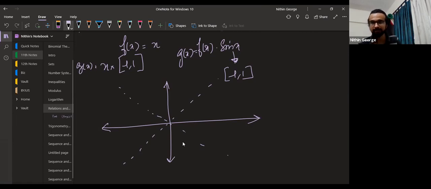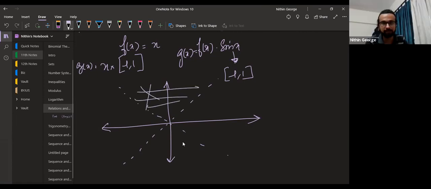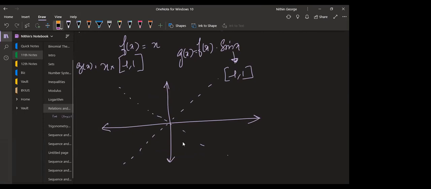Can it be greater than x? No, sir. No. So basically, my graph cannot come in these parts, these regions. Okay, got that? It cannot come in this region also, because it can't cross x or it can't cross minus x. Did all of you get this much? Yes, sir.